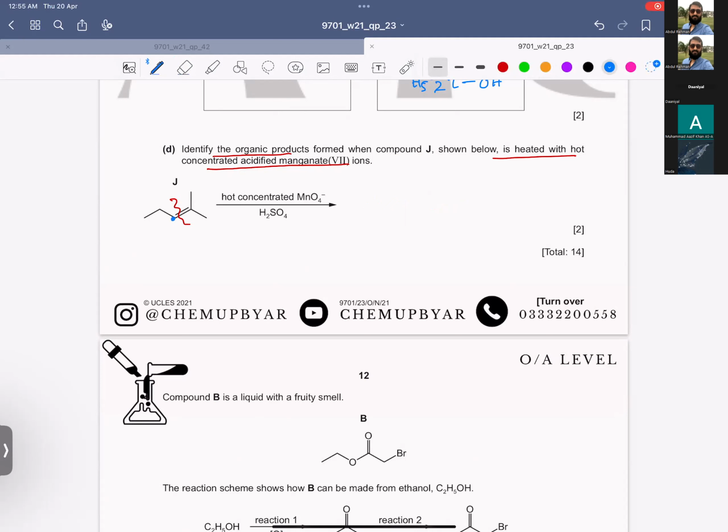The carbon having a double bond splits on heating with hot concentrated manganate. So the one where the carbon having a double bond is bonded to one side chain. Now is this reaction understandable to everyone?